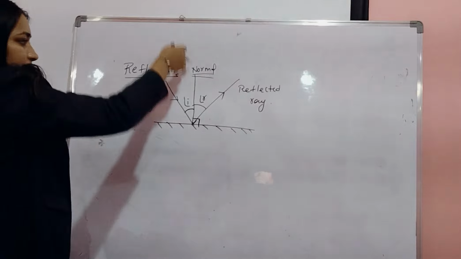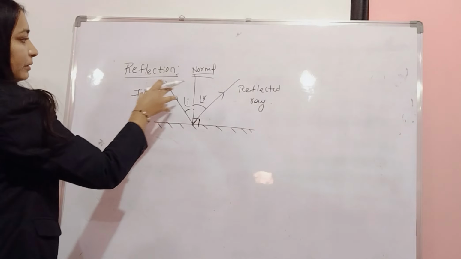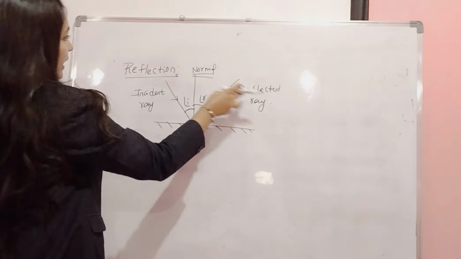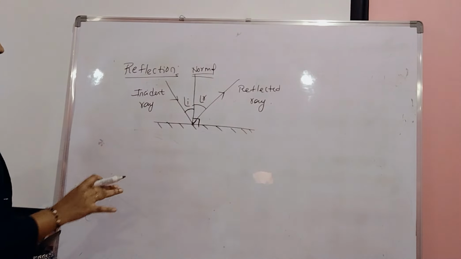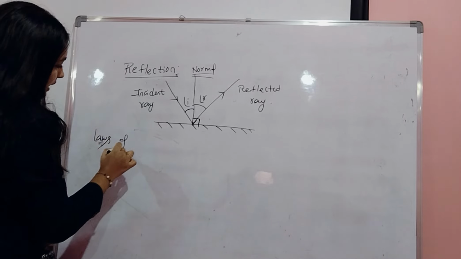The line which is perpendicular to the surface is called normal, and the angle between incident ray and normal is called angle of incidence. The angle between reflected ray and normal is called angle of reflection. Is it clear? So now we discuss about laws of reflection.